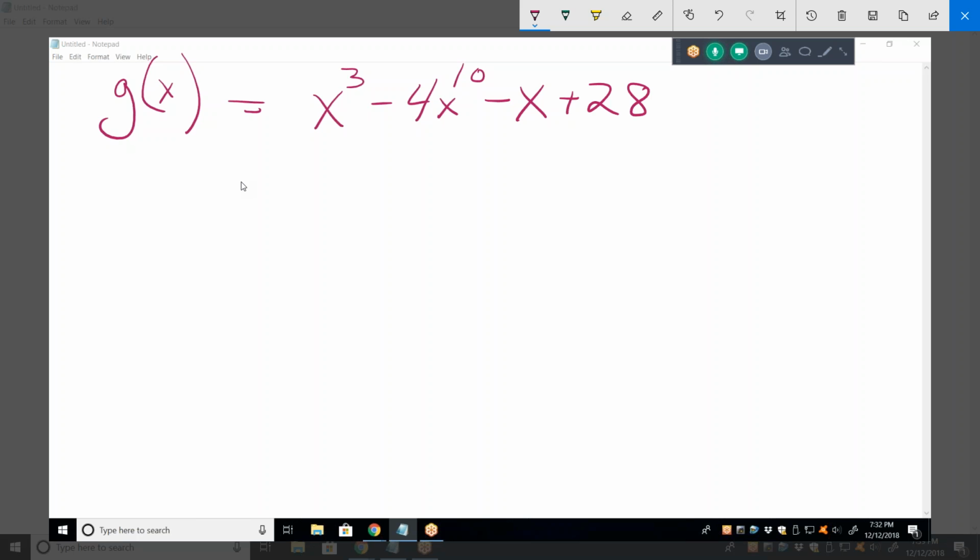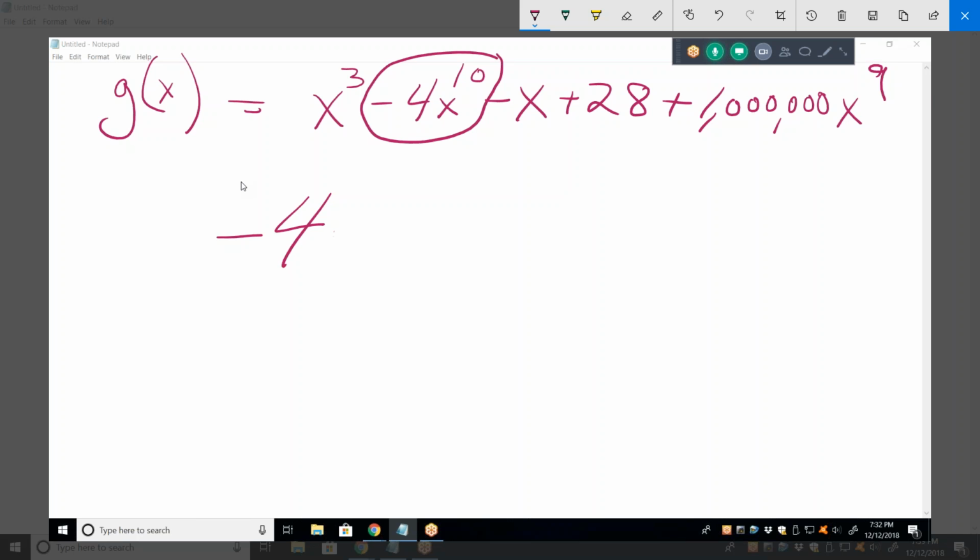Now, in terms of end behavior, there's only one term that matters. That one. The leading one only. Nothing else matters. I could have plus 1,000,000 x to the 9th. Wouldn't affect anything. When you're talking end behavior, it is strictly that largest exponent.